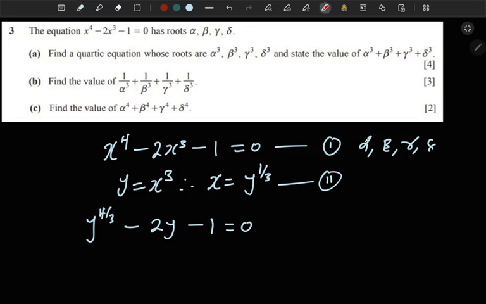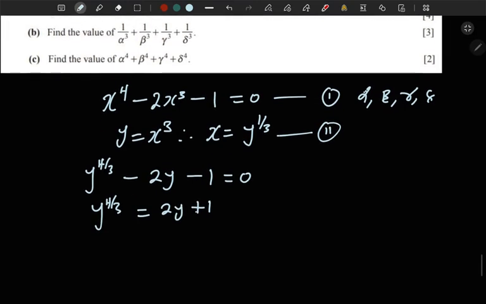In this equation that we obtain, this is not a polynomial, because of this power 4 over 3. This is the only unique term here. What we need to do is separate it from the remaining terms. So this is y raised to the power of 4 over 3 equals 2y plus 1. Now what's next?